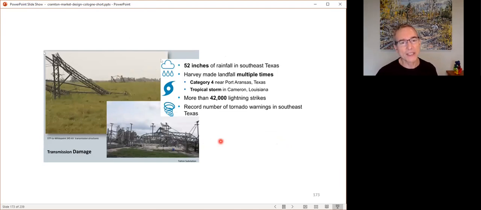And when evaluating how markets perform, it's very important to look at them when they're under stress. So looking at Texas during a hurricane, looking at Texas when it's 110 degrees Fahrenheit and 45 degrees Celsius, and there's no wind blowing. That's the time to look at Texas to see how it's performing.